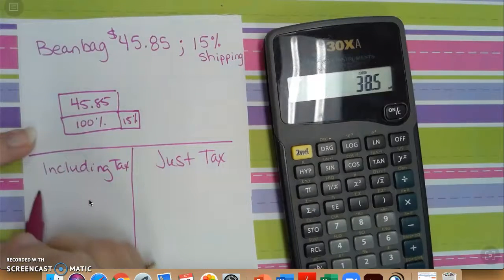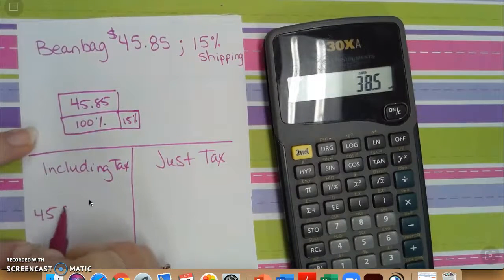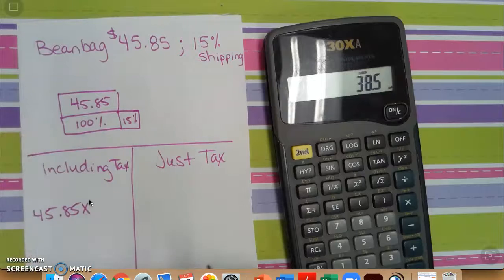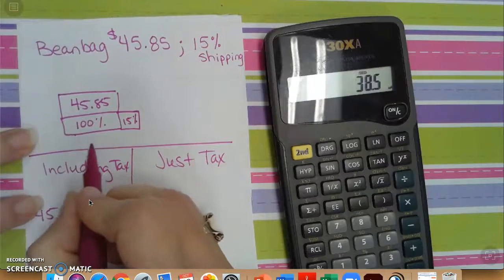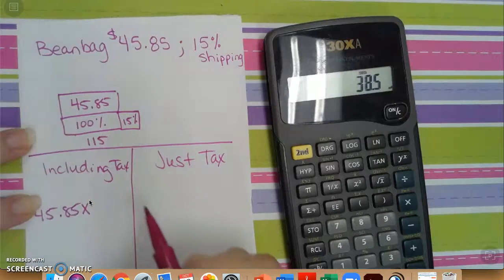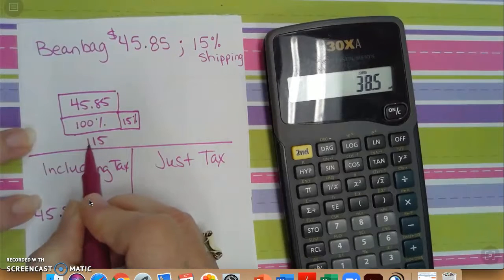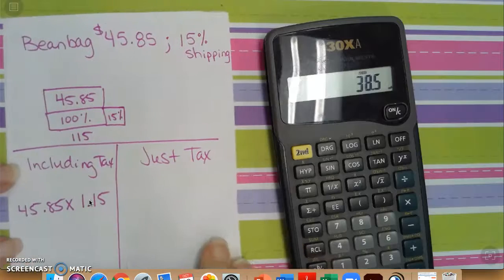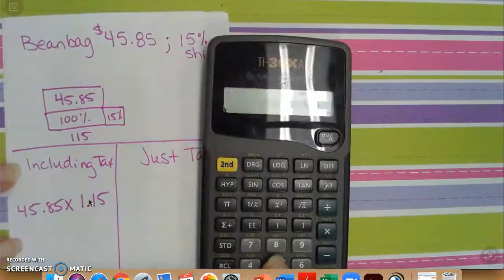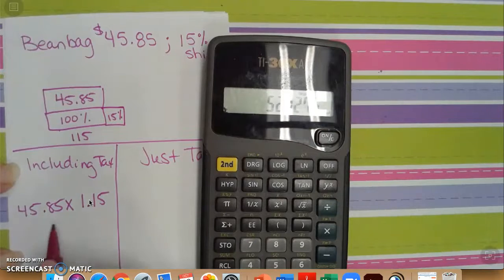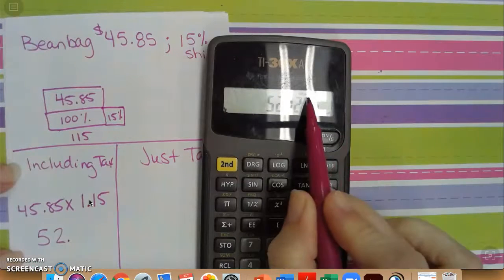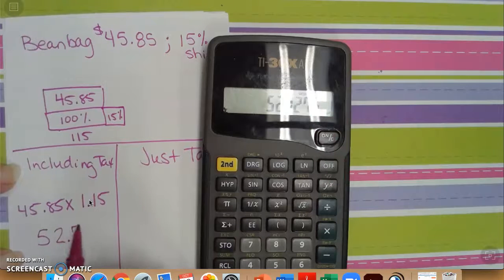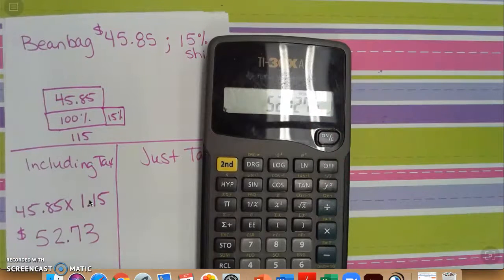I'm going to take the price, which is $45.85, and multiply it by 115. If I move that decimal 2 times to the left, that's going to be 1.15 that I multiply by. So I'm going to take that 45.85 times 1.15. If I round that, $52, that 7 is going to make that 2 go to a 3, so that's going to be 73 cents.